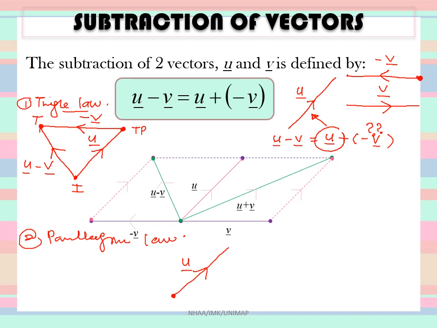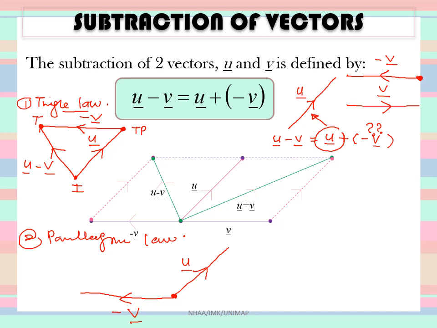So initial connects with the initial. This is the initial, and the initial of the second vector also starts here, to there. That is the direction. Okay, this is the negative v vector.